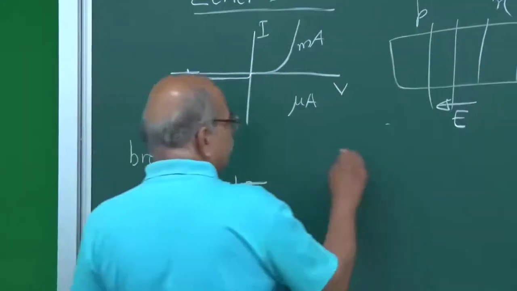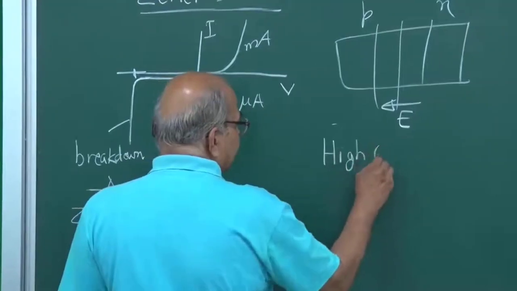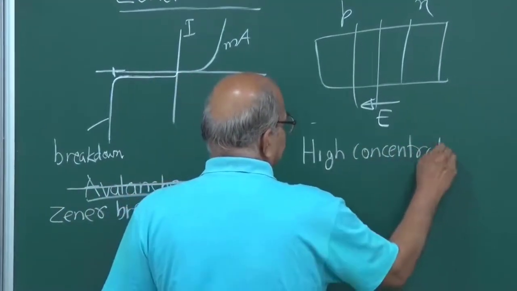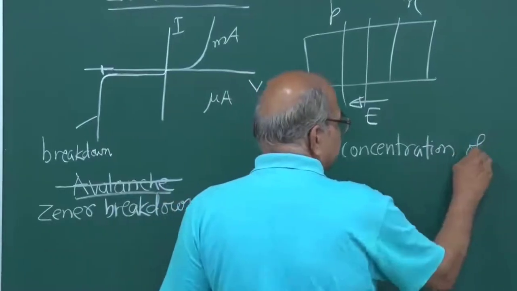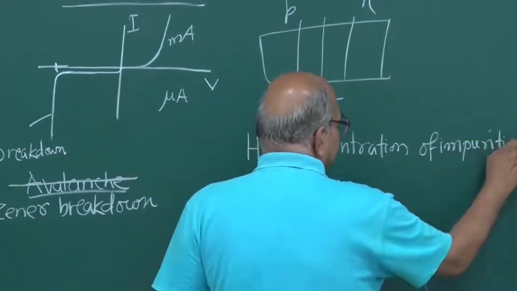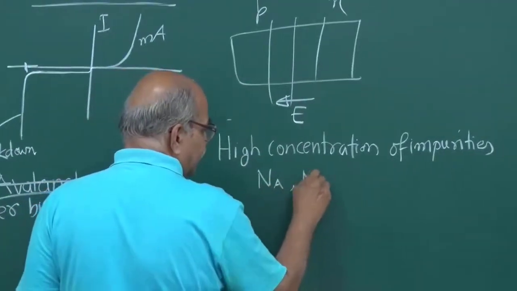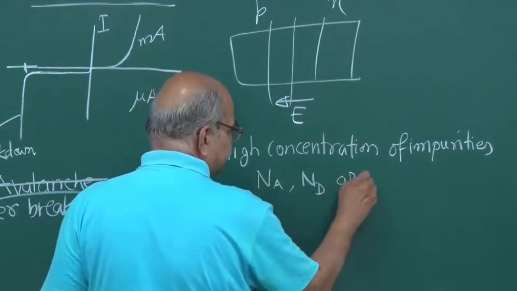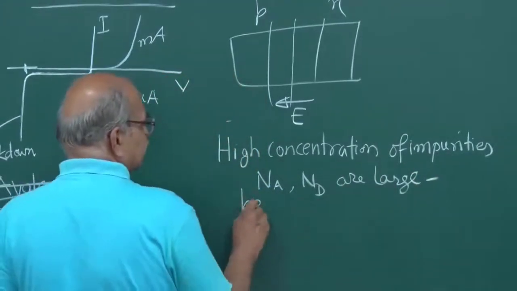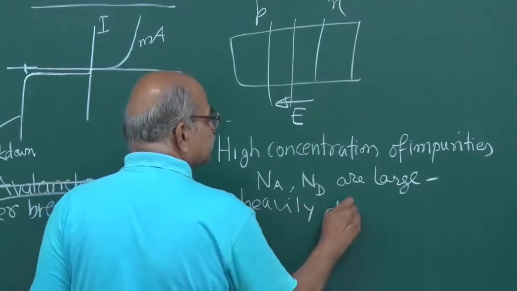Normally for a Zener we have a high level of doping, a high concentration of impurities. So Na and Nd are large, heavily doped. These are the words that you will find: heavily doped.